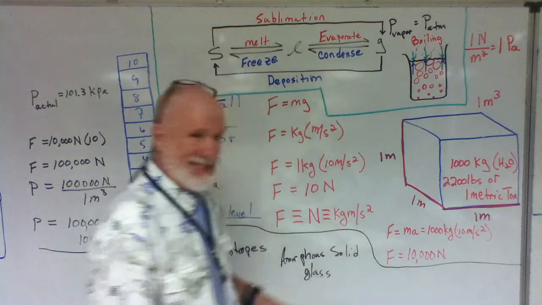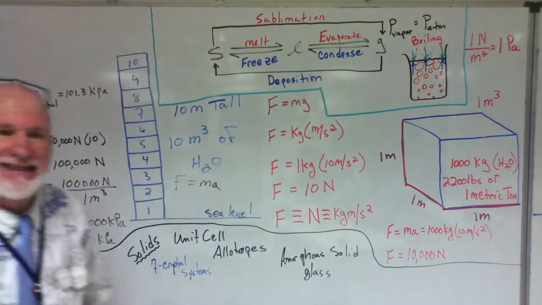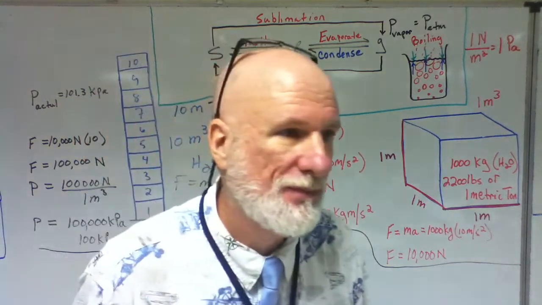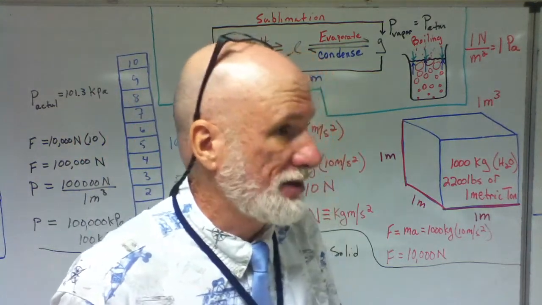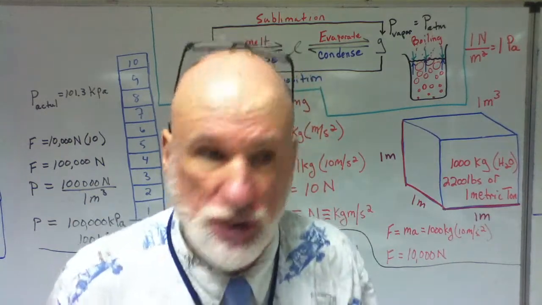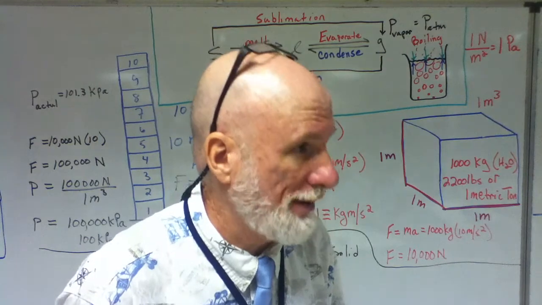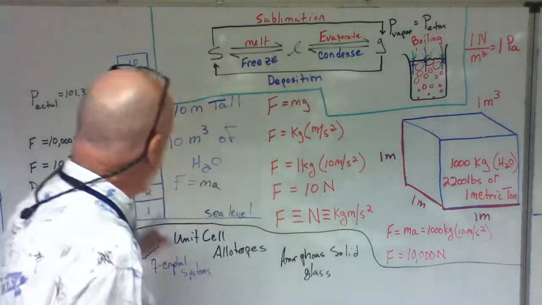If I stack 10 of them on top of each other, what's 10 times 10,000? 100,000. It's 100,000 newtons per square meter, isn't it? It's 10 meters.